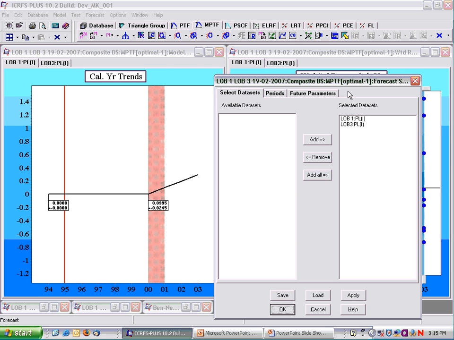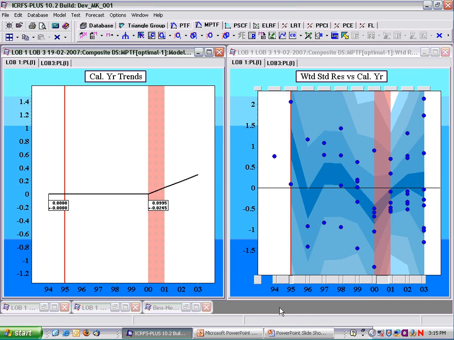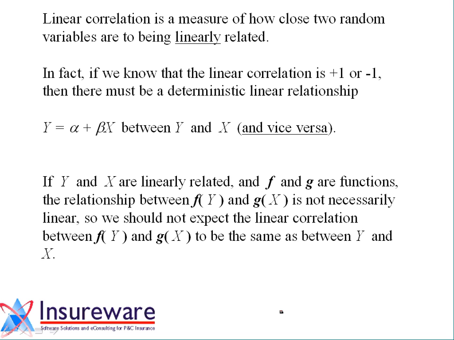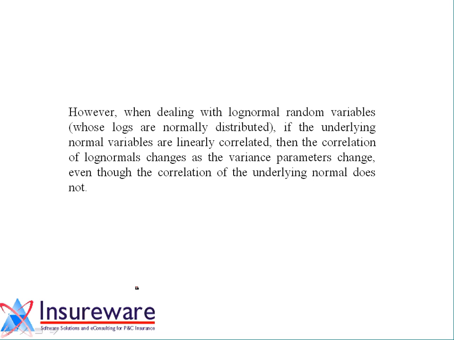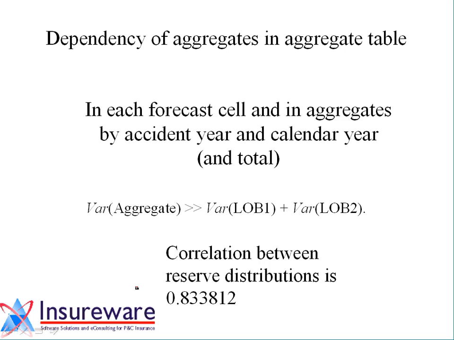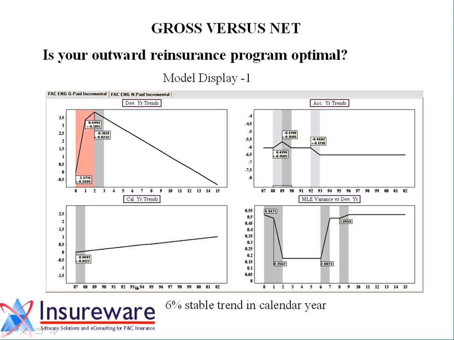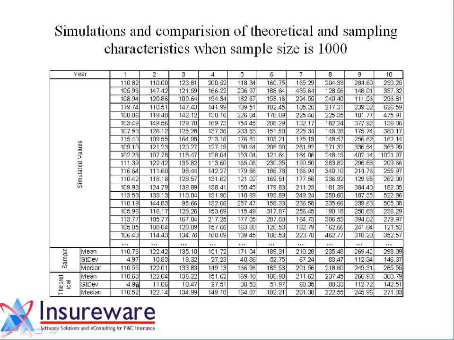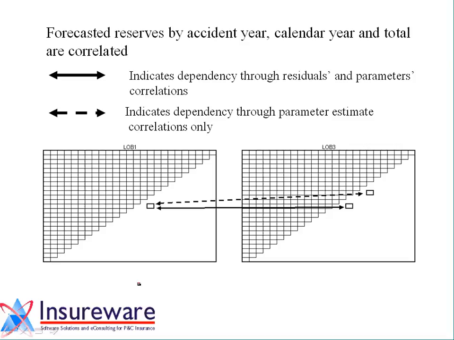If I now forecast going forward for the aggregate of the two lines, what have we done? Let's go to the PowerPoint display. When you forecast for one line of business, for the model for one line, ICFS will produce lognormals in each cell which are correlated, different lognormals, and they're correlated.